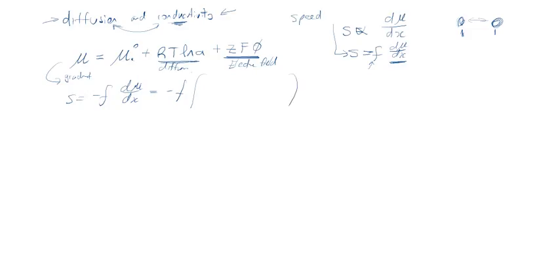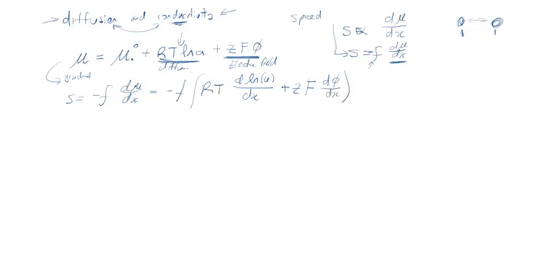If we take the derivative of this with respect to x, then RT is not going to change, but there could be a change in the activities as a function of distance. And then there will also be potentially a gradient in the electric field. The number of charges shouldn't change, this is a constant, but there could be a change in the potential as a function of distance.